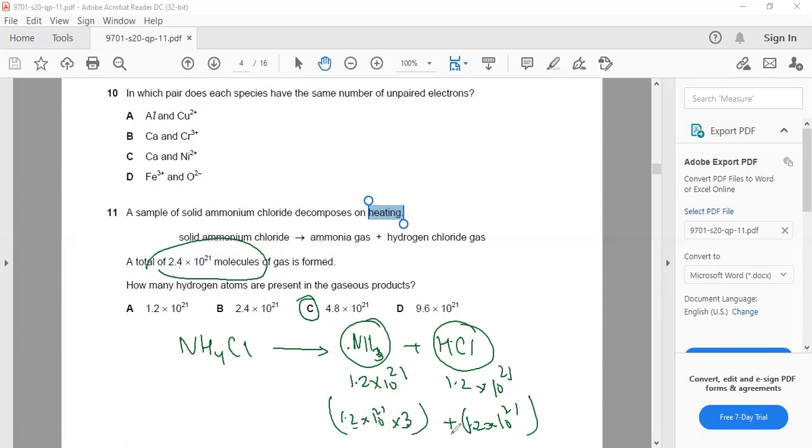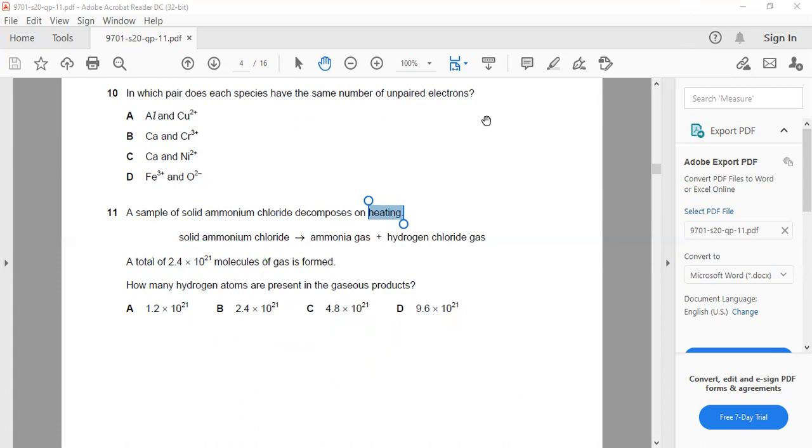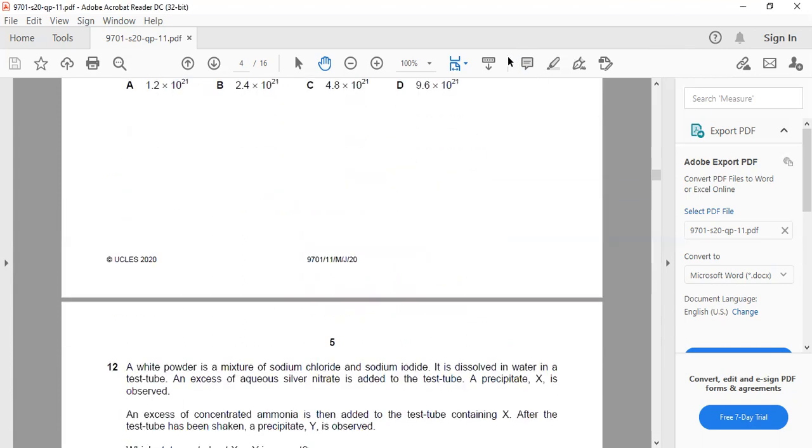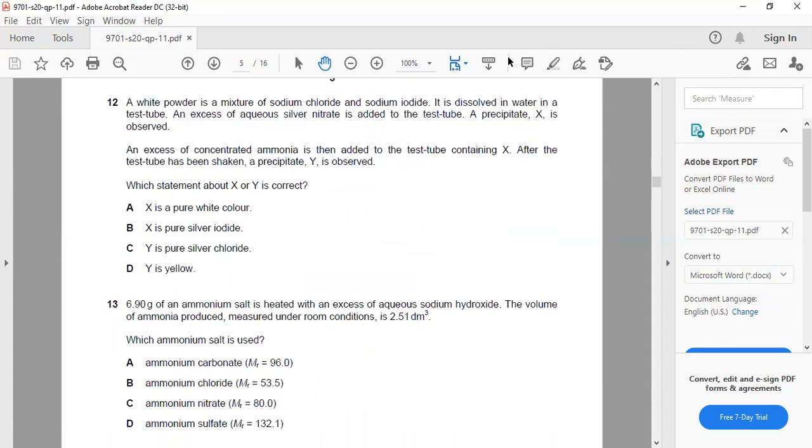Yes, C is the answer. Got it? Any confusion? If you have done it by another method, then share it with me. Sometimes my students find a better, shorter shortcut method, so I can also use that method.